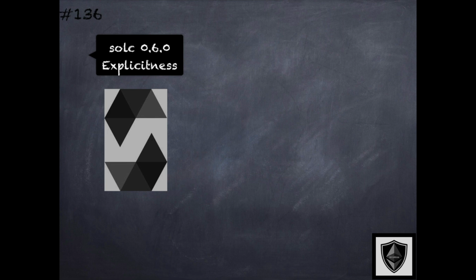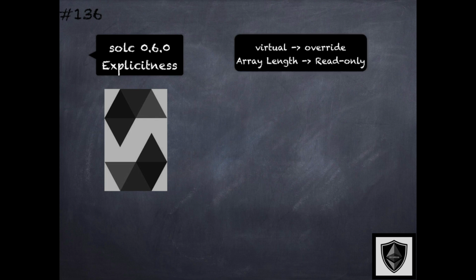Solidity 0.6.0 also introduced 6 sets of explicitness requirements. Explicitness, as you can imagine, is good for security because it reduces ambiguity and any vulnerabilities that result because of that ambiguity. In this case, keywords virtual and override were introduced for functions in base and derived classes.